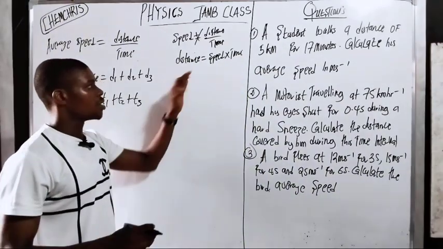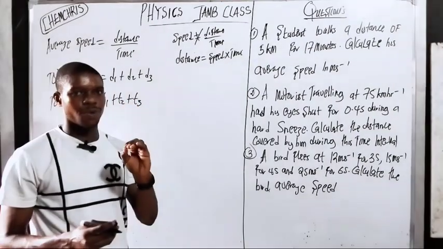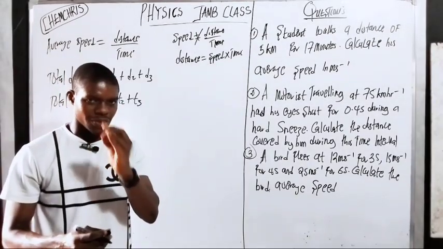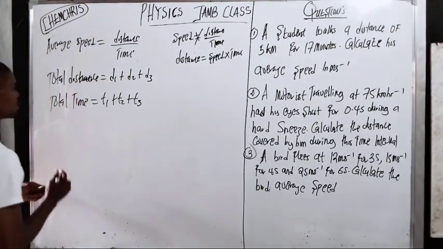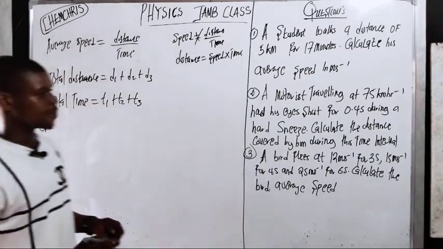Distance 2 is going to be speed 2 times time 2. Distance 3 is going to be speed 3 times time 3. Do you understand? So you can now have d1 equals, what is my speed?